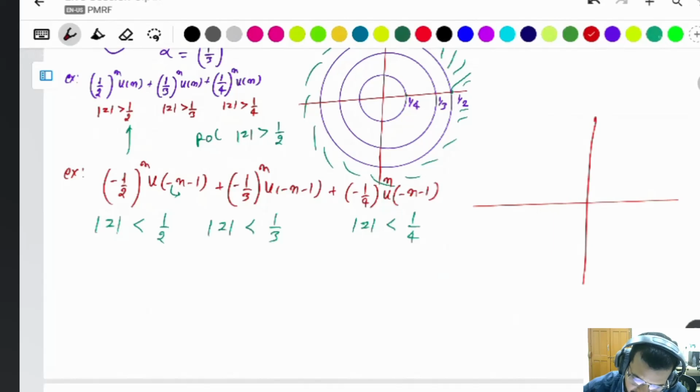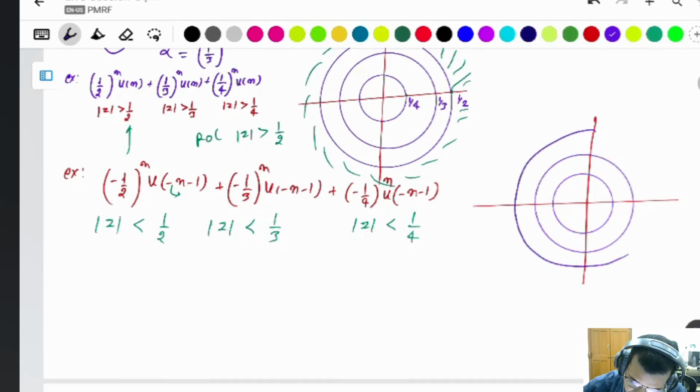In this case, take the 3 circle. This is 1 by 4, 1 by 3, 1 by 2.